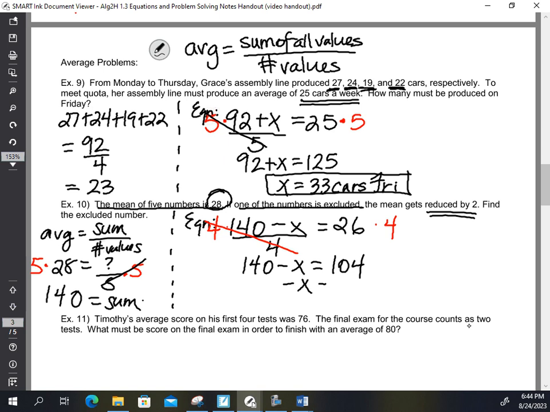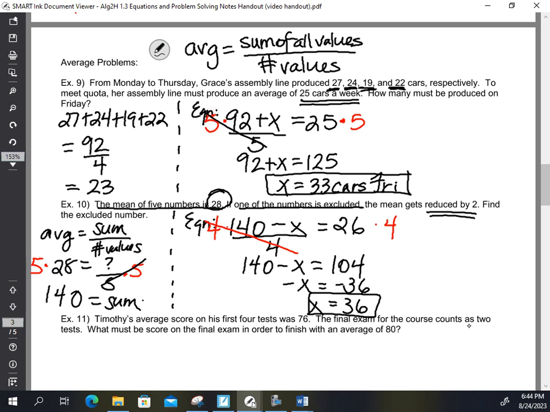So negative x equals negative 36. And then we can't leave the variable negative. Divide both sides by negative 1. You get x equals 36. So that number that's being taken out is 36. So the number being removed is 36.